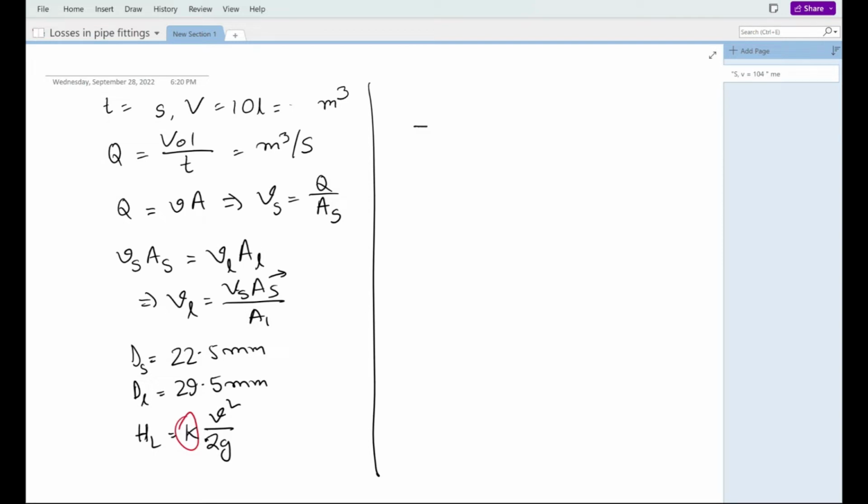Point 1 is the water before entering the fitting and point 2 is after exiting the fitting. Similarly for elbow, this is 1, this is 2, and the last one is bending, this is 1, this is 2.